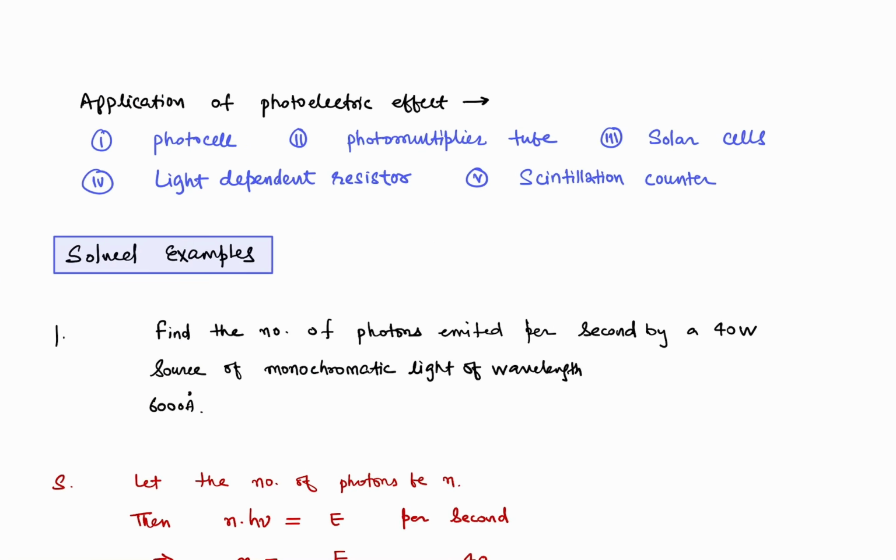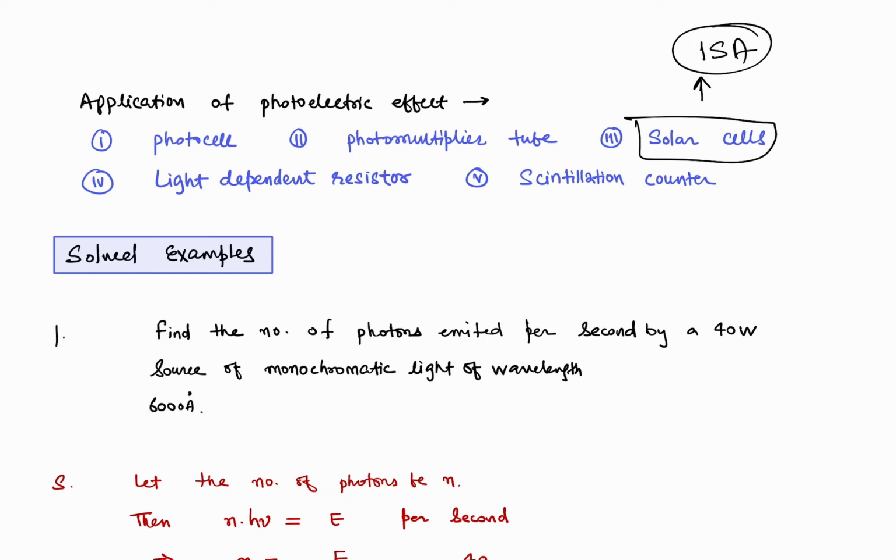So what are the applications of the photoelectric effect? Let me tell you: photocell, photomultiplier tube, and solar cells are very prominent. We often come across International Solar Alliance in current affairs, so that is a very prominent example.